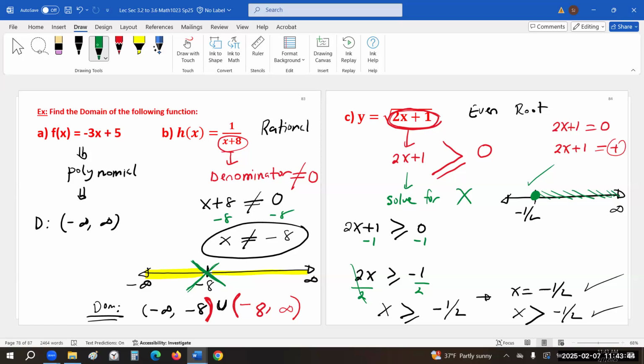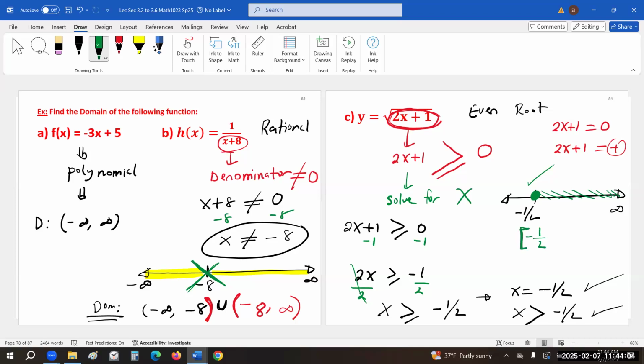So how do we write this in interval notation? What is the smallest number you see in the number line here? Good. So -1/2 is the smallest thing, and we have a closed circle because we're allowed to use -1/2.